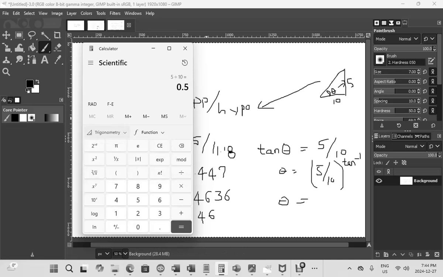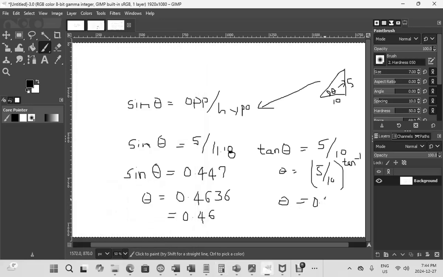Using your trig function, the inverse tan of 0.5 is 0.4636. And this is how you check your answer. Using the sine function, you got 0.4636. Using the tan function, you got 0.4636. So you know that your angle is correct.